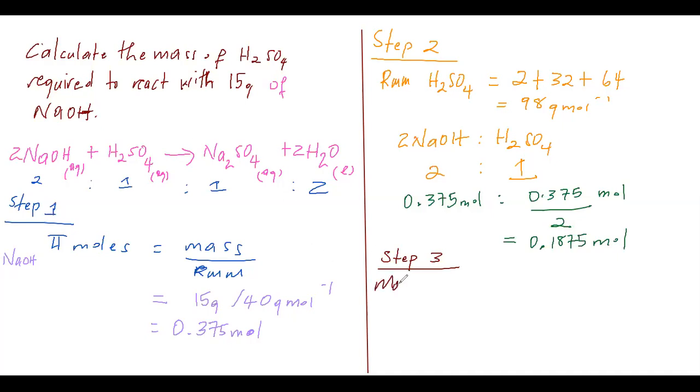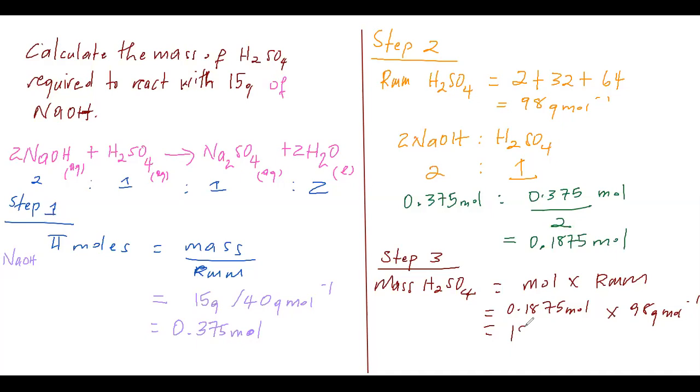So mass of sulfuric acid is equal to the moles times the RMM, which is the 0.1875 moles that we just got times the 98 that we got. So that would be 18.375 grams.